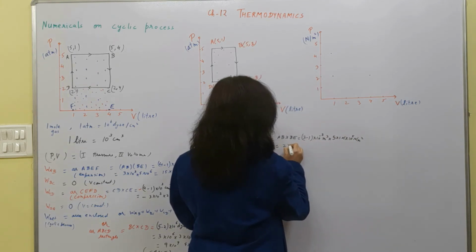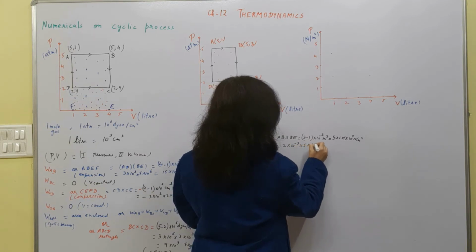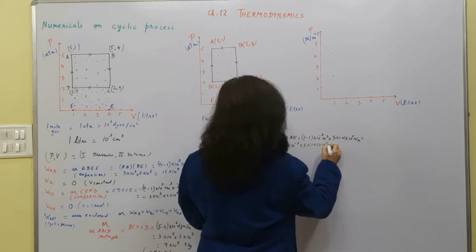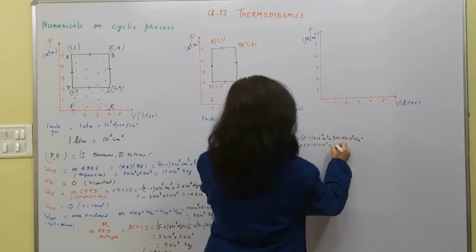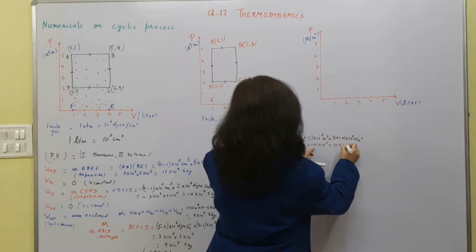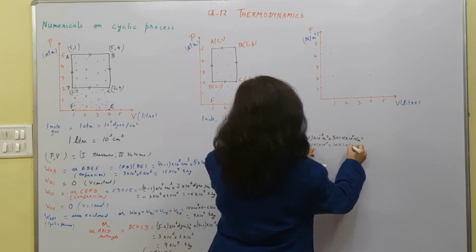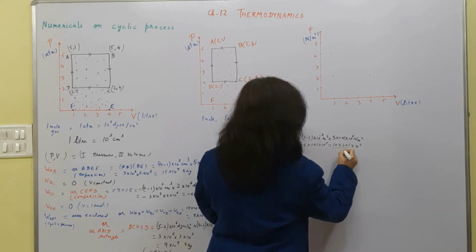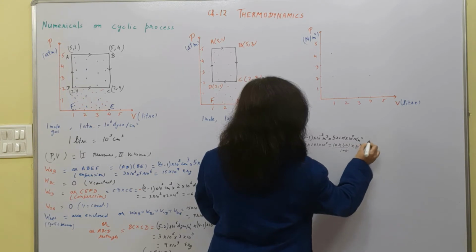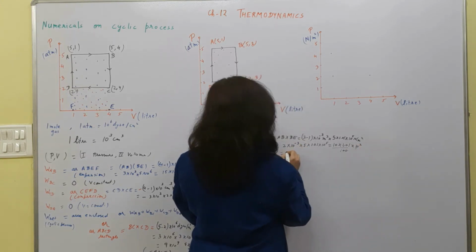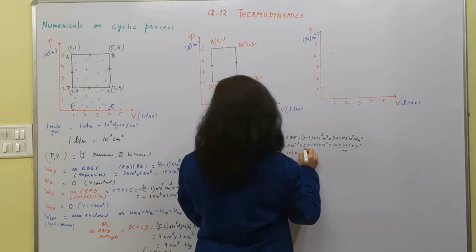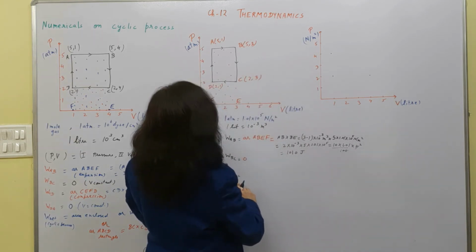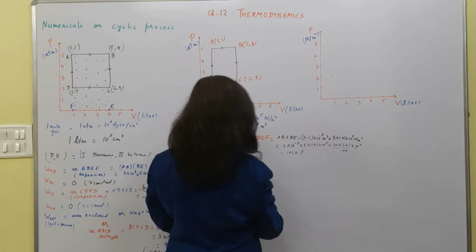This is equal to 2 into 10 to the minus 3 into 5 into 1.01 into 10 to the power 5. So this gives me 1010 joules.